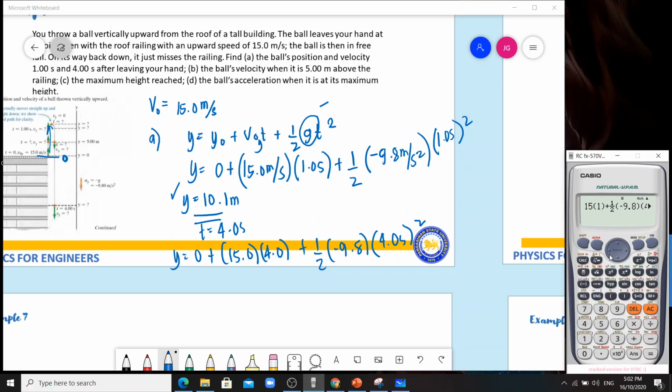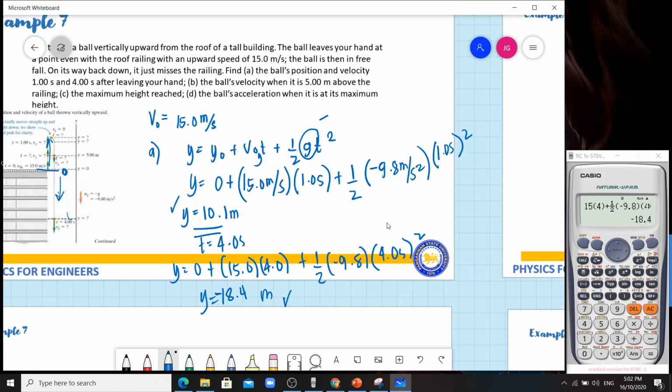Mali. Palitan natin to ng 4. Okay. That is equivalent to negative 18.4. Kung susundin natin is dapat tama yan. So, negative 18.4. So, ibig sabihin, pababa na siya. Okay? Pababa na siya ng datum. Ayan. Okay.